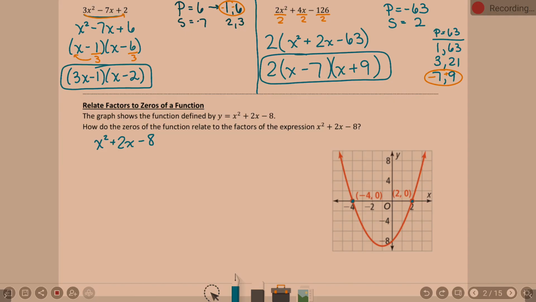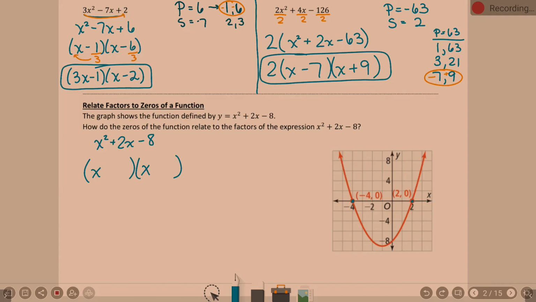Is there a GCF? No? Okay. Because it's just an x squared, what can we jump into? Two parentheses, yes? And those parentheses, x squared breaks into x and x.